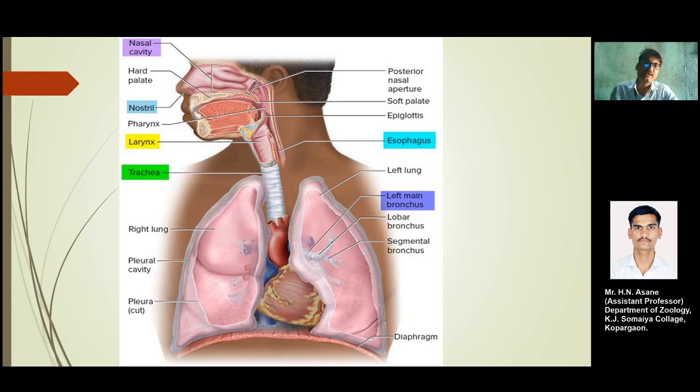As you can see in this picture, you can see the upper respiratory tract like the nasal cavity opening, and that nasal cavity opening continues to the soft palate and the epiglottis. The epiglottis is where the esophagus and the trachea openings are maintained.